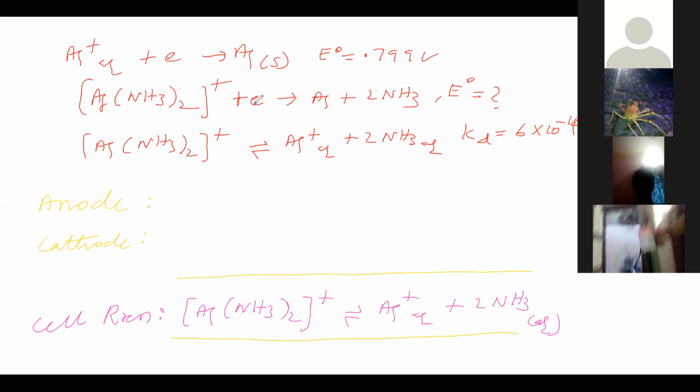So we will take this half reaction as it is: Ag(NH3)2 plus plus electron gives Ag plus 2NH3. Why have we taken this half reaction as it is? Because the complex is on the left side here also.